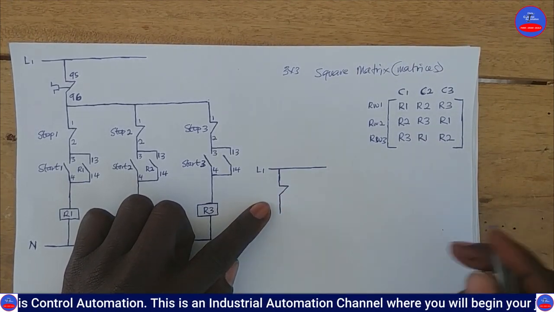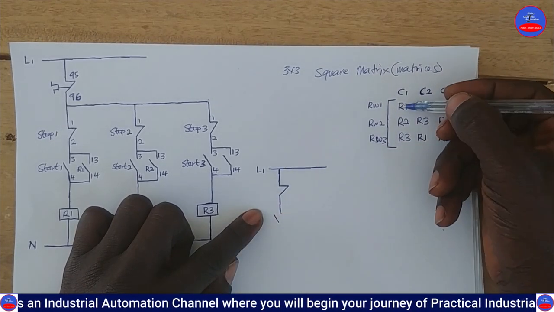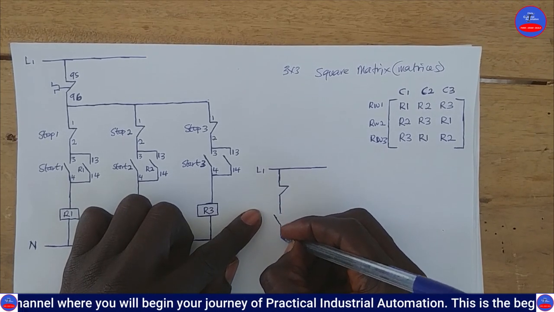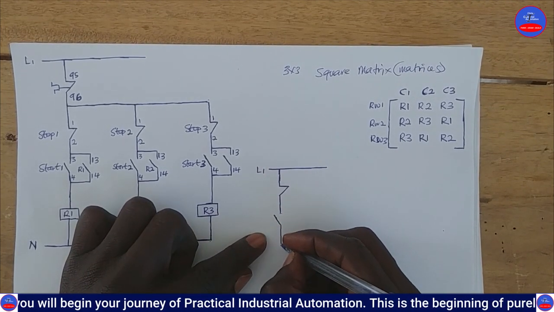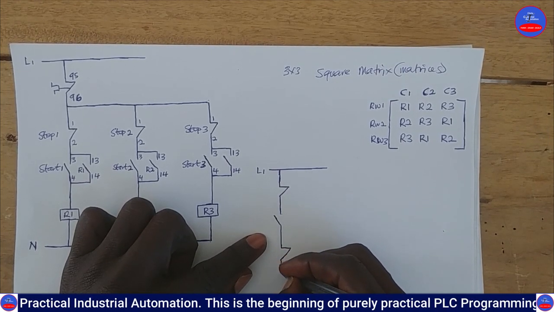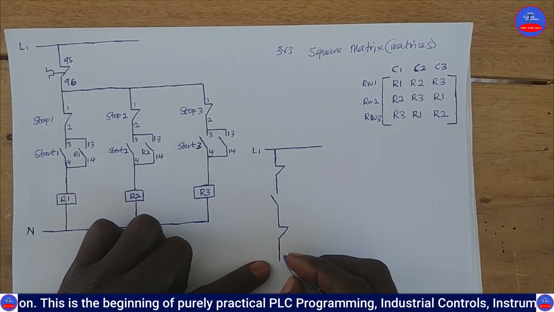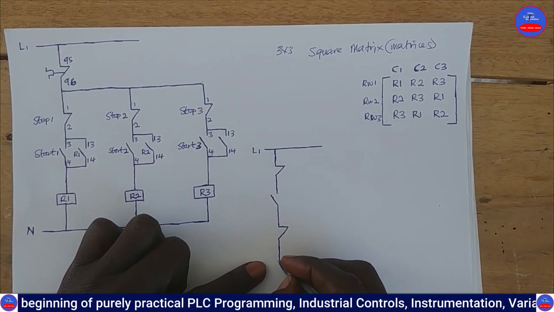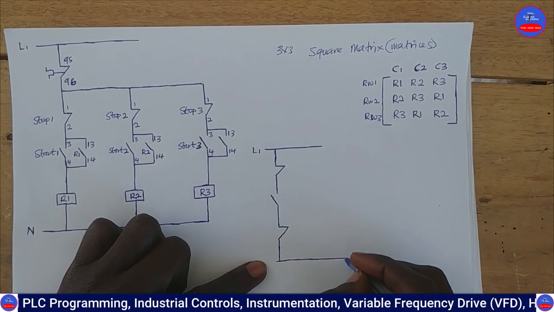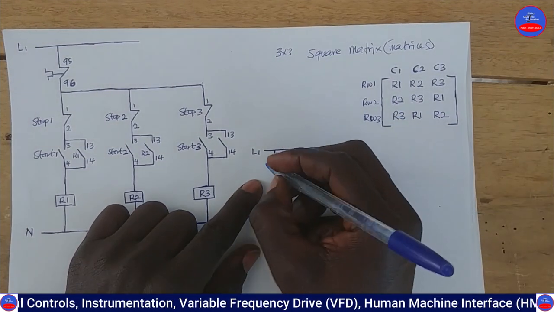Before that, you draw from here to here, it will be open because there are 3: 1, 2, 3. And then we have a close contact. Then you draw this line here. So 1, 2, 3, this side will be R1.